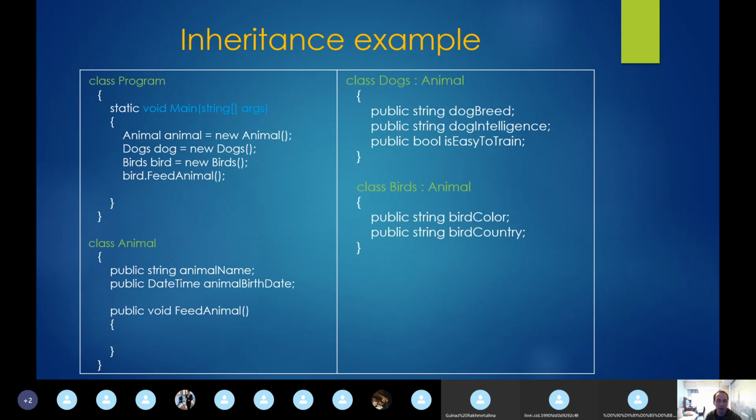So here we have the inheritance example. We have the class animal. This class animal has the string animal name, the date time animal birth date, and it has a method public void feed animal. So this is a base class.